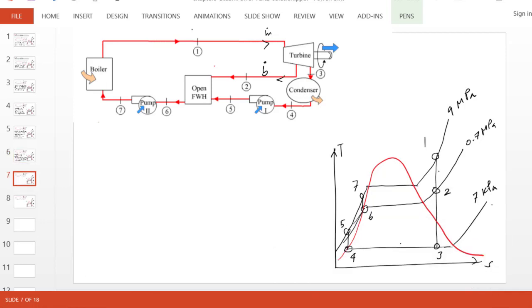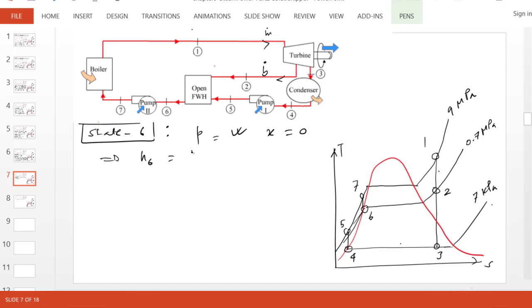State 6 once again is pretty simple because we know it is saturated liquid by definition. So P6 is known, 0.7 MPa, and x equals 0, and that gives us H6 to be 697.